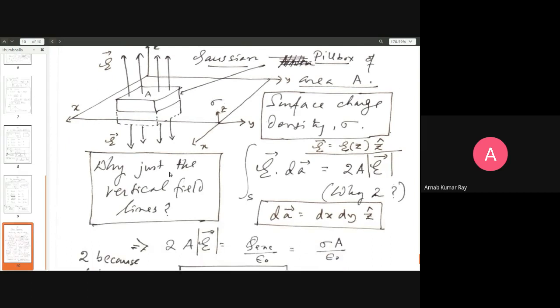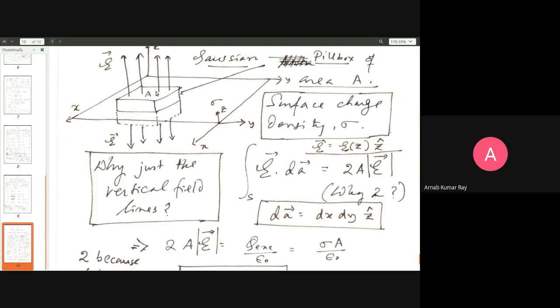I've written a question over here: why just the vertical field lines? You'll say that shouldn't the charges be going in every direction? Indeed, if you have an individual point charge, then it will be throwing field lines in every direction, not just above and below. But on a plane, there are an infinite number of such charges.